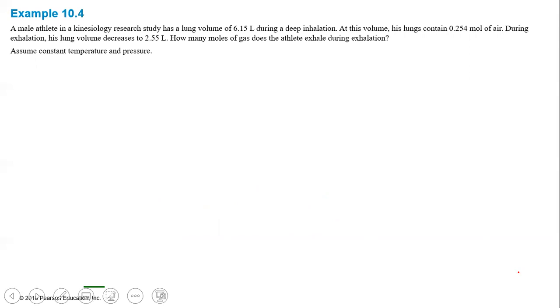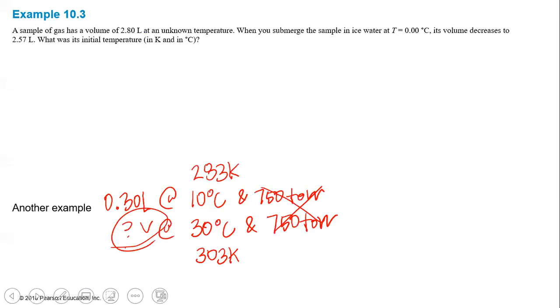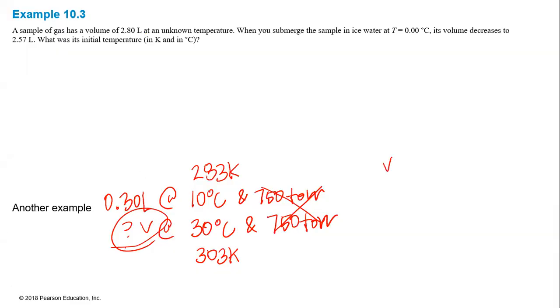Again, it's V1 over T1 equals V2 over T2. I'm trying to find V2. So this time I'm just going to cross multiply these two to get my V2 by itself. So it'd be V1 times T2 over T1 equals V2.